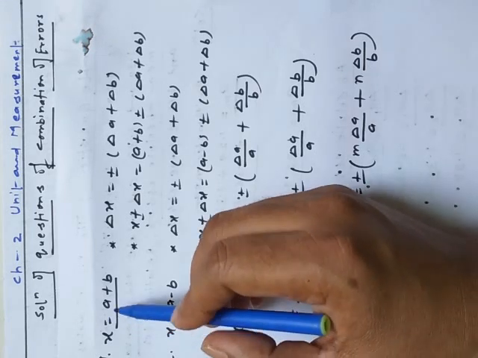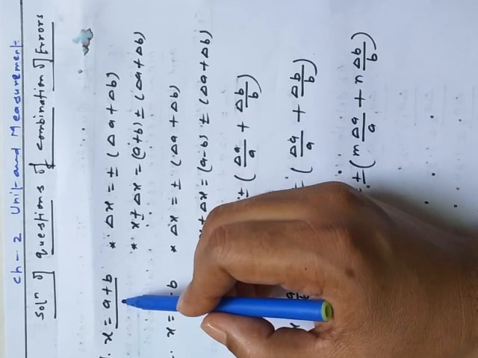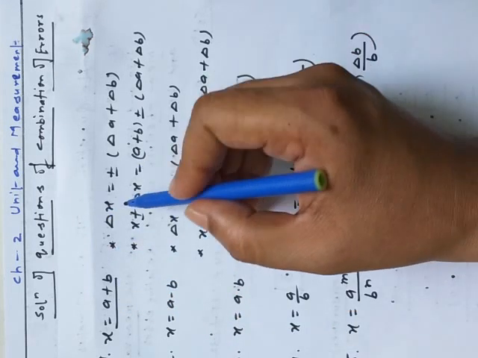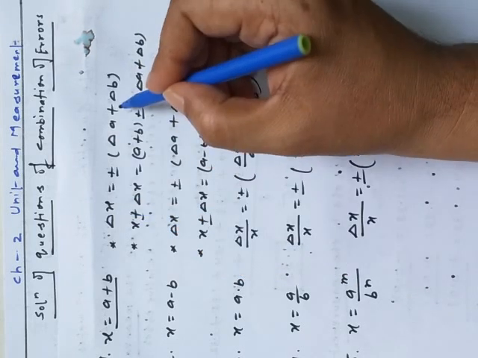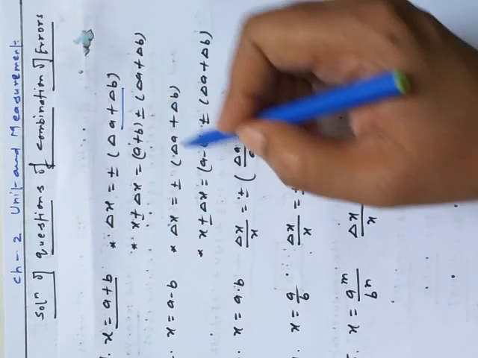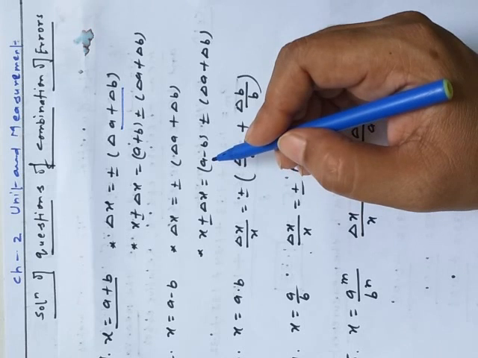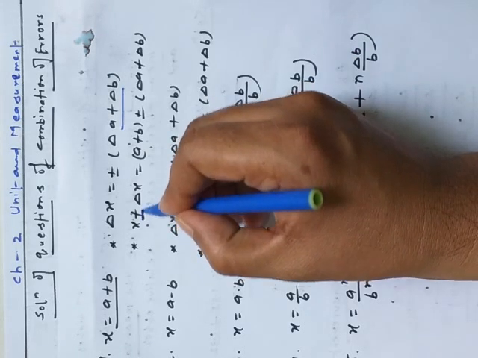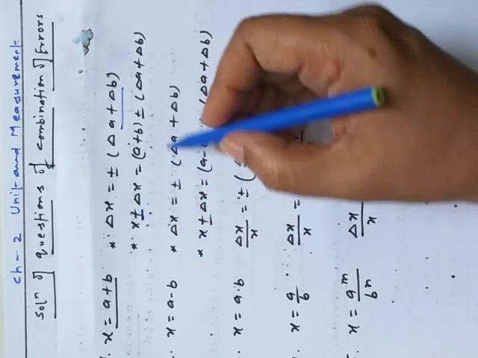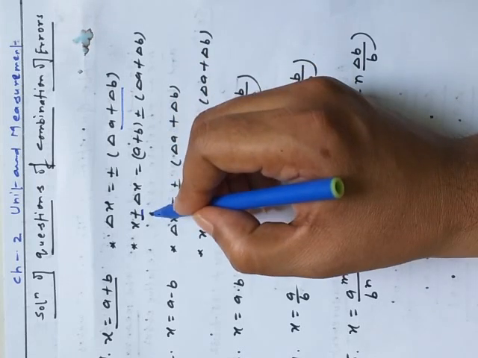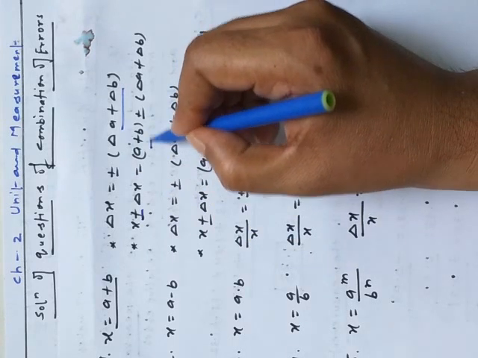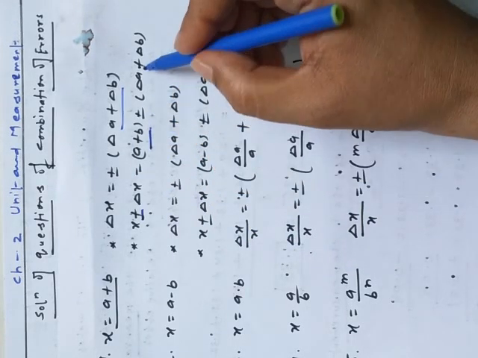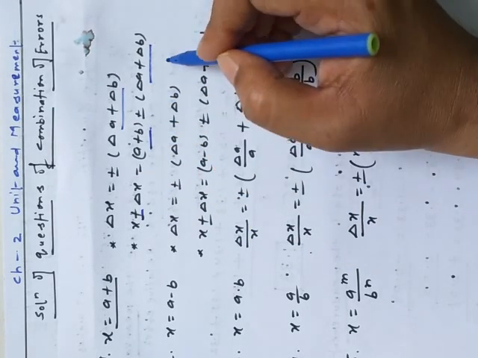Suppose x is a physical quantity which is the combination a plus b, then the absolute error can be given by the simple formula, plus minus bracket delta a plus delta b. If someone asks to give the answer with the error limit, we just give the physical quantity x plus minus delta x, where the actual value of x is a plus b and plus minus delta a plus delta b.